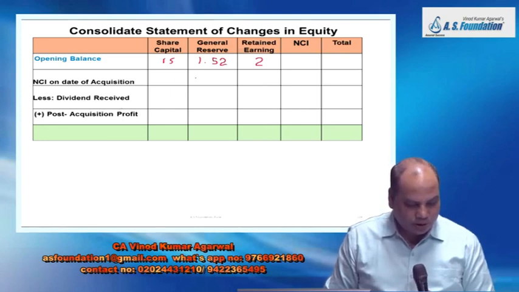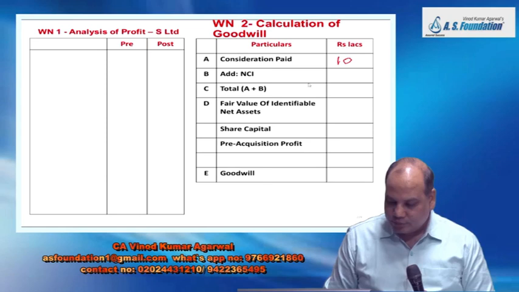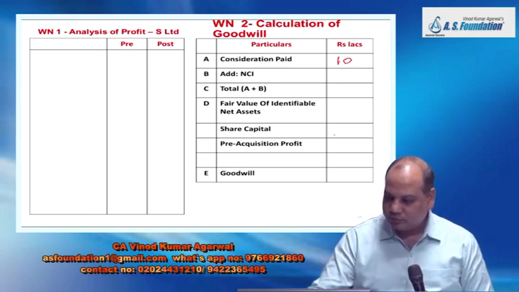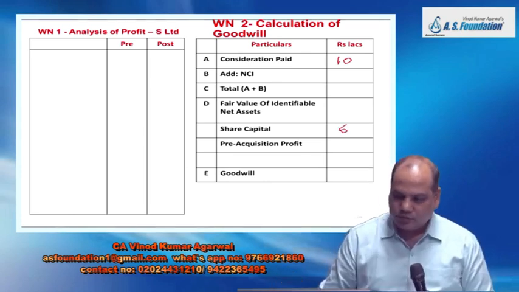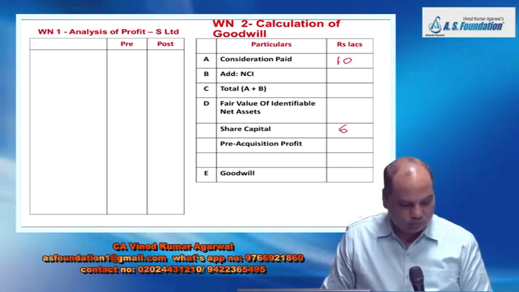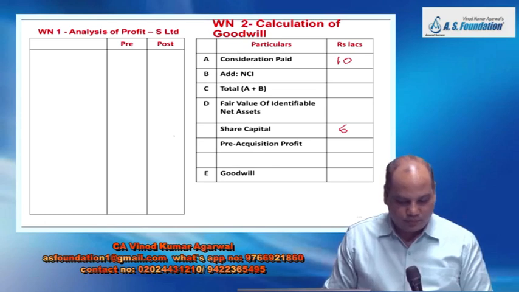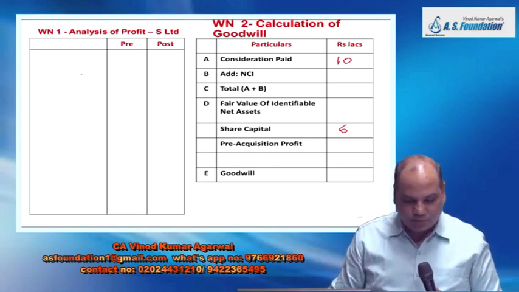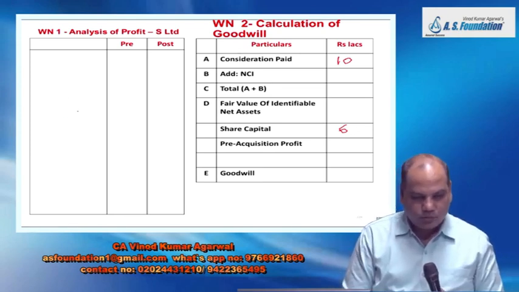Subsidiary company share capital in the goodwill, how much is that? Is it 6? 6. And then subsidiary company SOCIE, you go to SOCIE of subsidiary company, you have some opening balance there, yes or no?